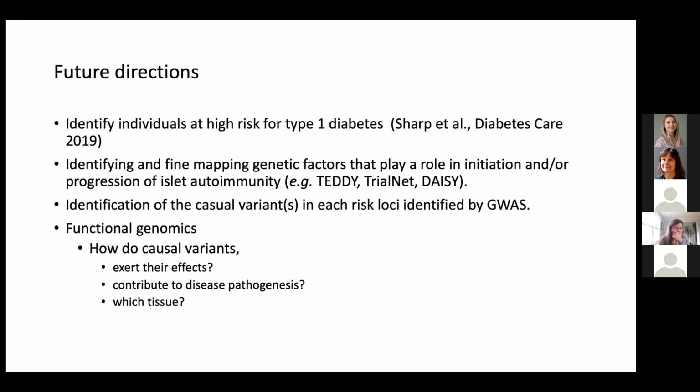So studies like TEDDY, TrialNet, DAISY, where they're following at-risk individuals and identifying these individuals as the islet autoimmunity progresses, is looking at, is it the same genetic factors that affect type 1 diabetes risk, or are there additional factors that play a role in initiation and progression of type 1 diabetes?